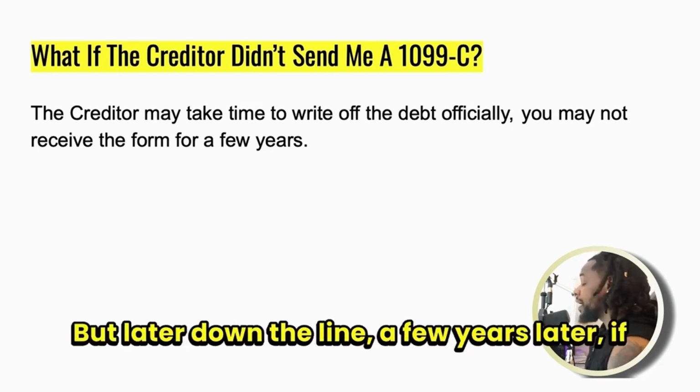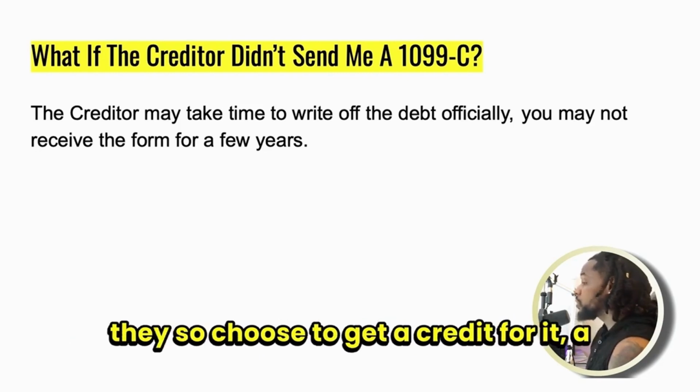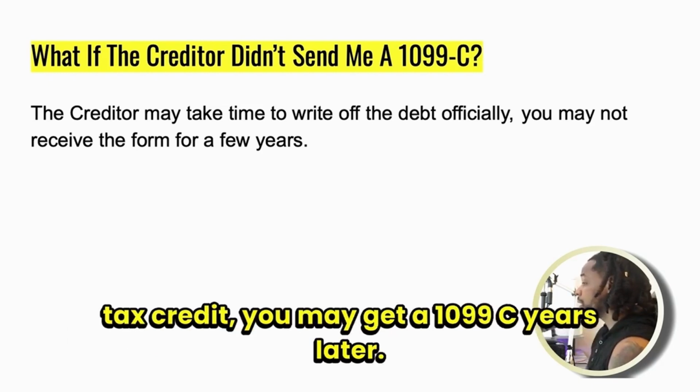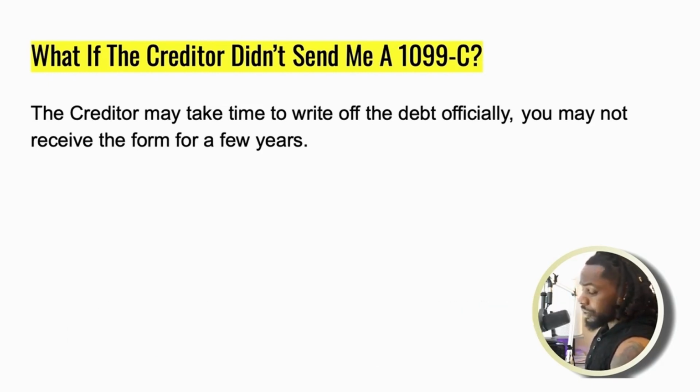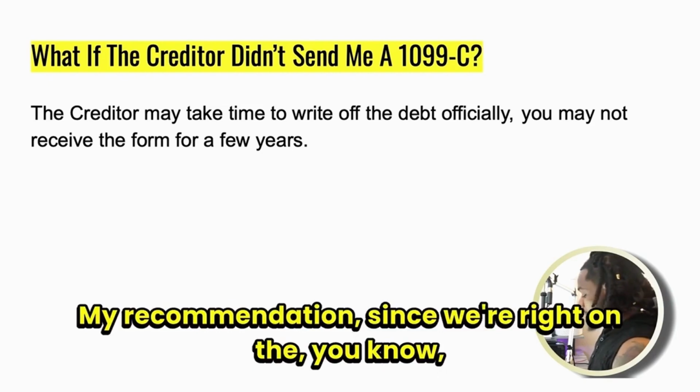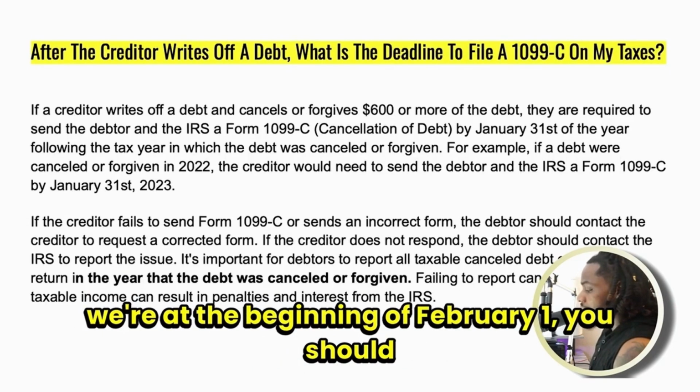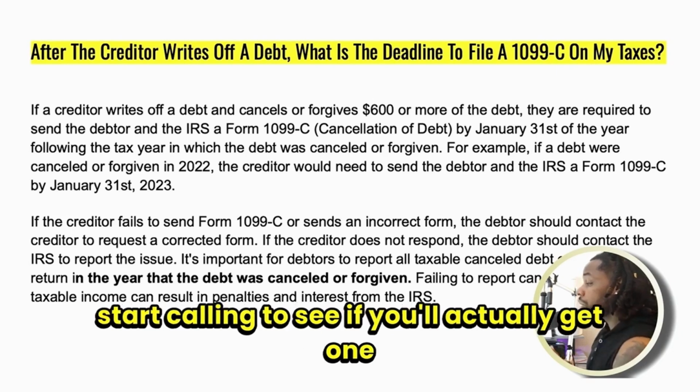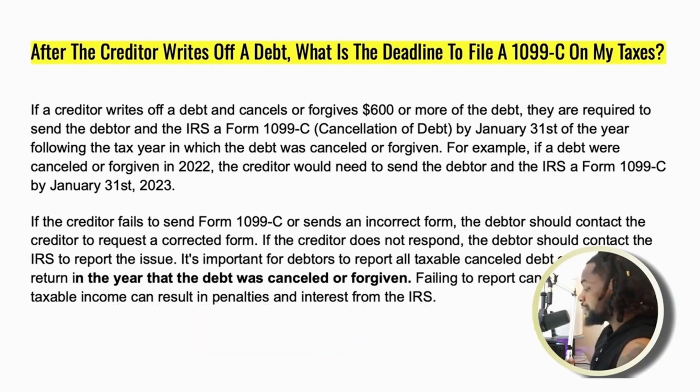But later down the line, a few years later, if they so choose to get a tax credit for it, you may get a 1099-C years later. My recommendation, since we're at the beginning of February 1st, you should start calling to see if you'll actually get one if you haven't received it yet.